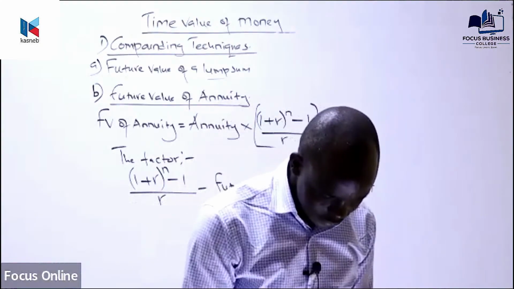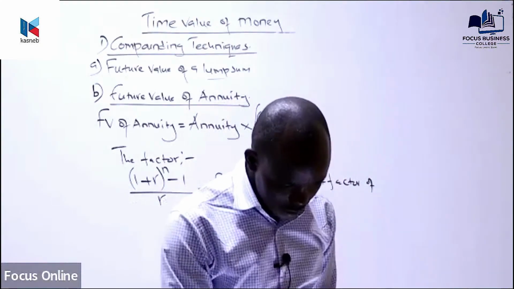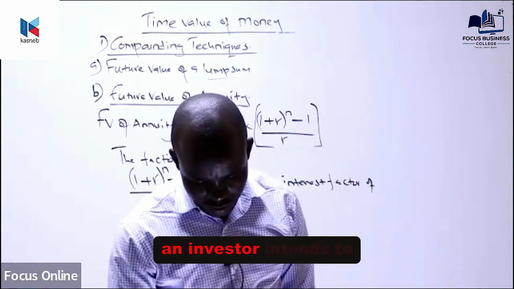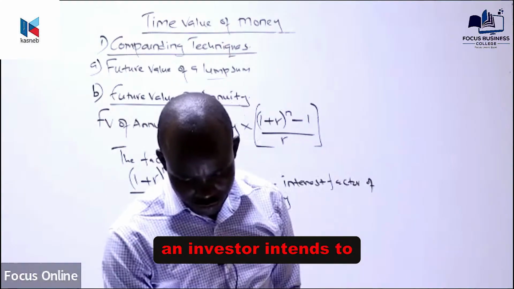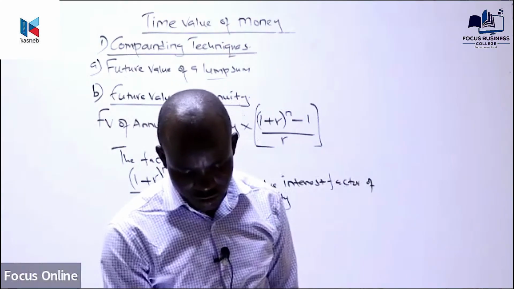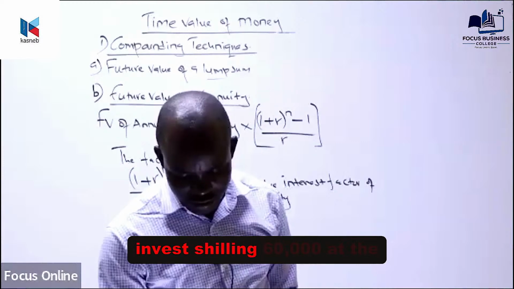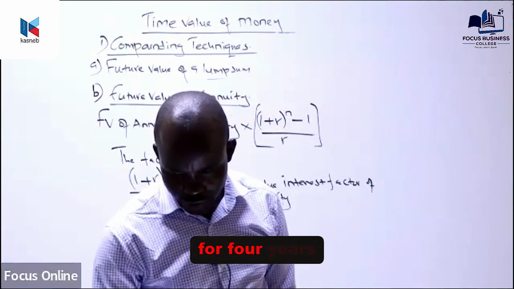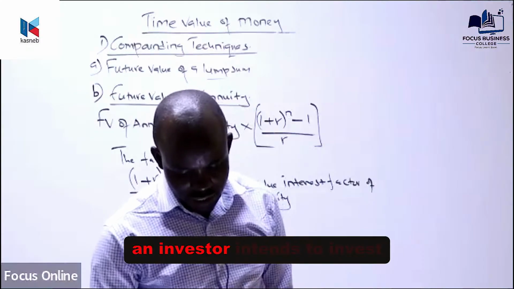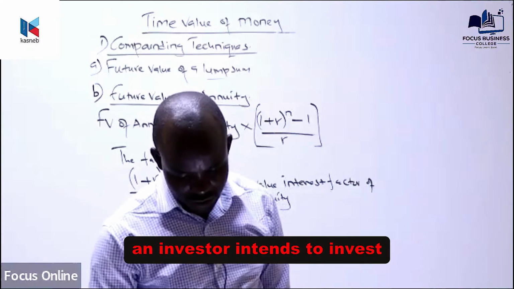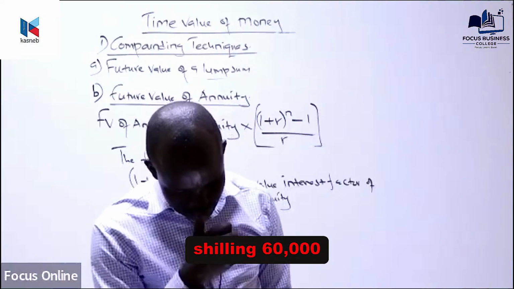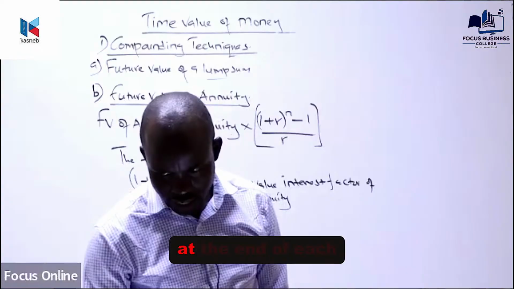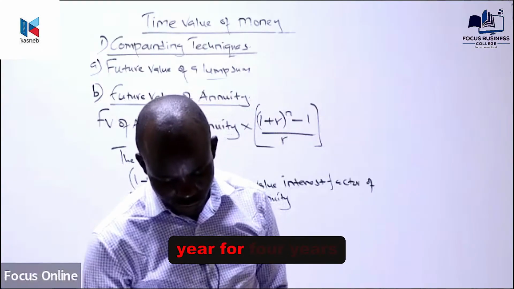Say an investor intends to invest shilling 60,000 at the end of each year for 4 years.